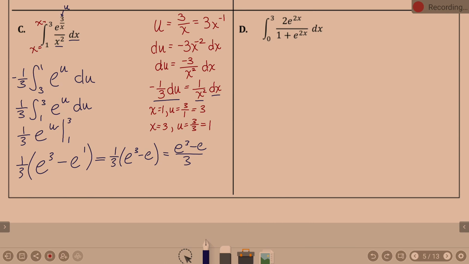What do e cubed and e both have in common? e. So another option is to factor out the e, which gives e over 3, because the 1/3 is over there, and then e squared minus 1. See, there's where you can get squared up. And then you could also say e times e squared minus 1, all over 3. You just pick one.